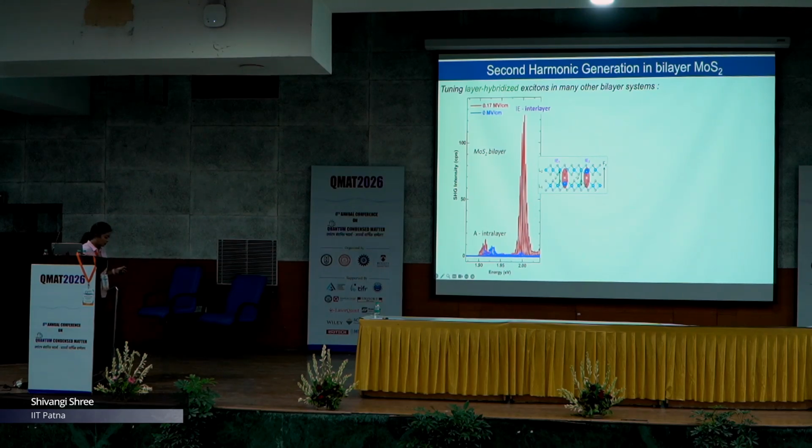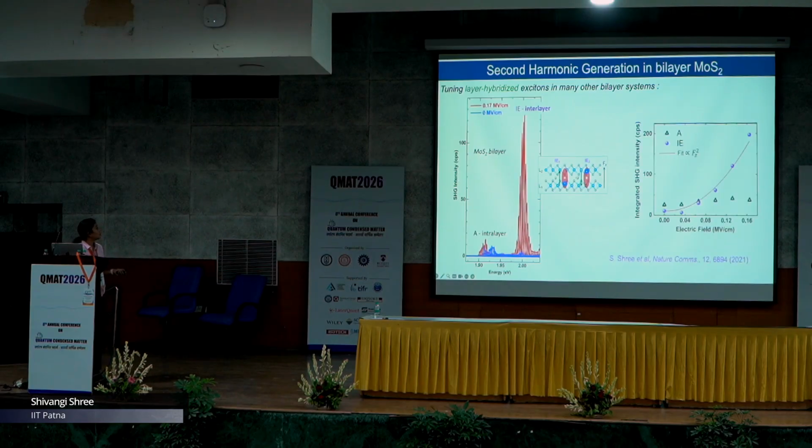This is because the two degenerate interlayer excitons, which are degenerate at 0 electric field, now with some finite electric field, move in opposite directions, as we have seen in the absorption plot with electric field. So that gives you the enhancement in the second harmonic signal, because they are moving in different directions, so the overall signal adds up.